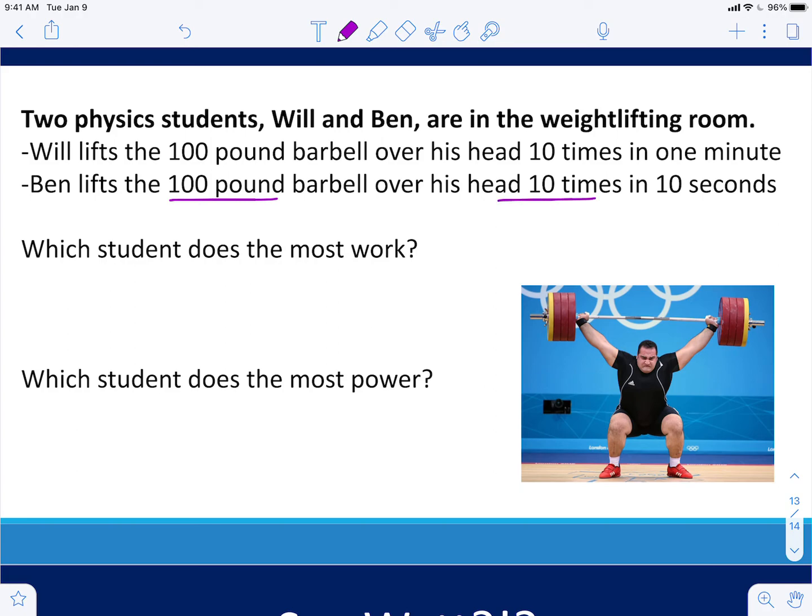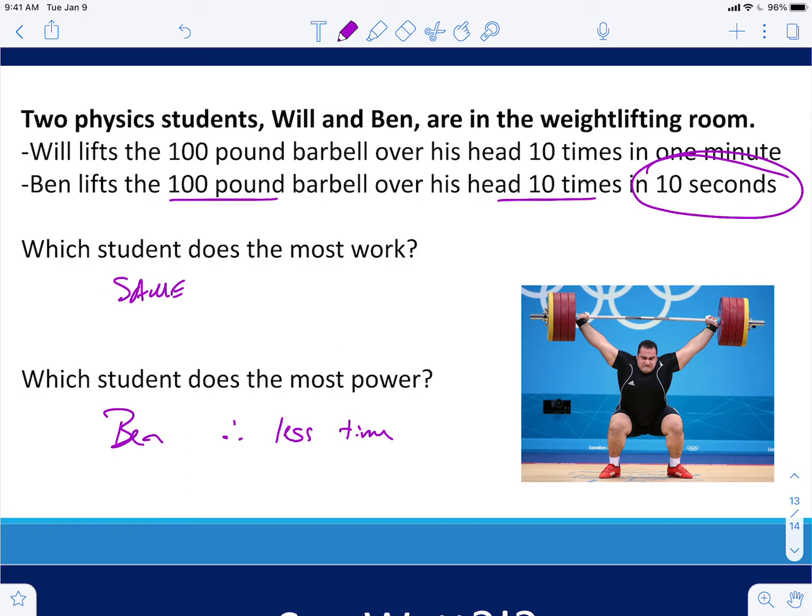So it's the same force if they are the same height, right? But one of them is doing it much faster, okay? So if they are the same height, then they are doing the same amount of work, but the student with the most power is the one that can do it in a faster amount of time. So in this case, Ben would be the most powerful because he is doing it in less time.